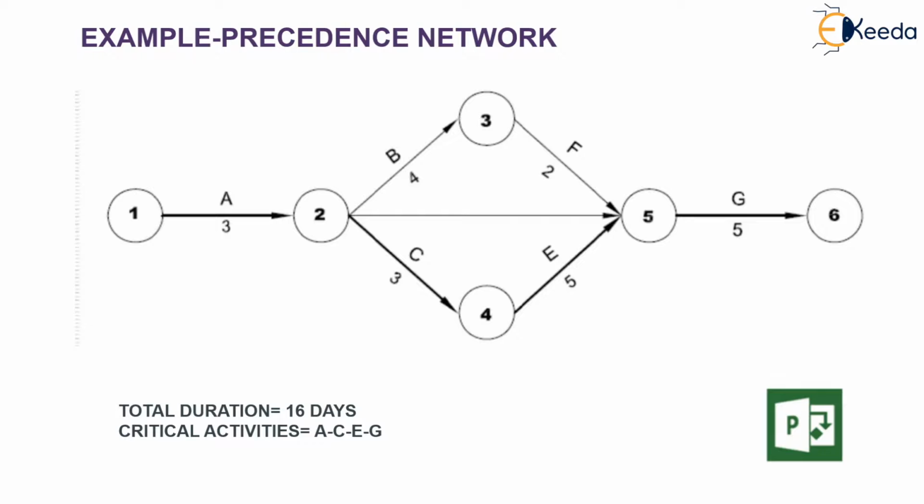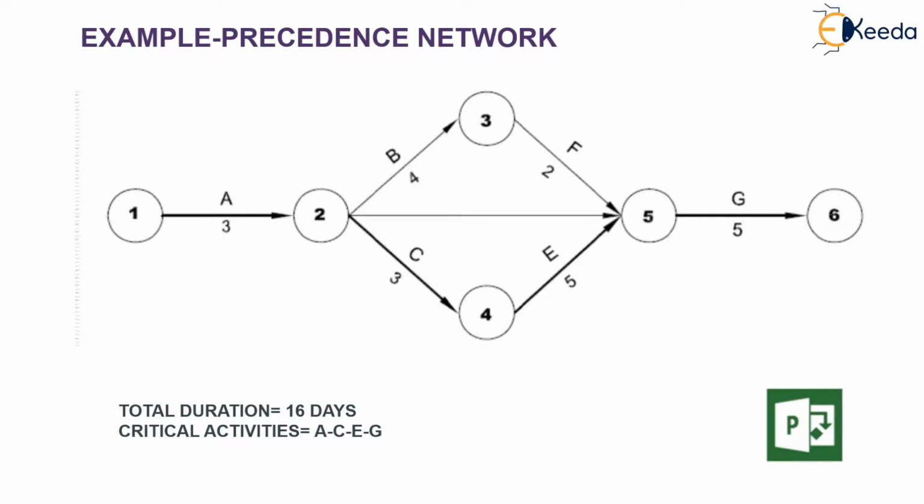So by now we know that the total project duration for this network is 16 days and the critical activities are A, C, E and G. By taking this example, let us now try to model the same into Microsoft Project.